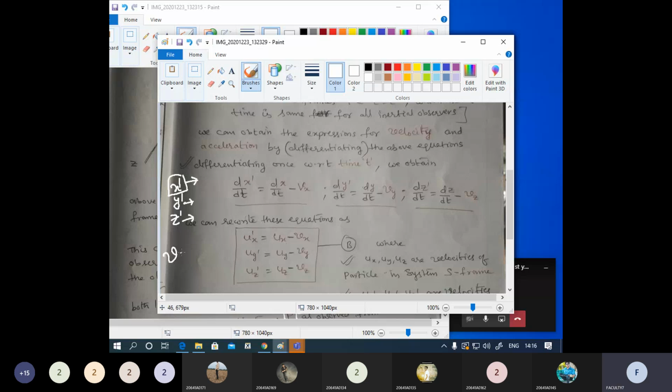We want to find the velocity, the rate of change of position.